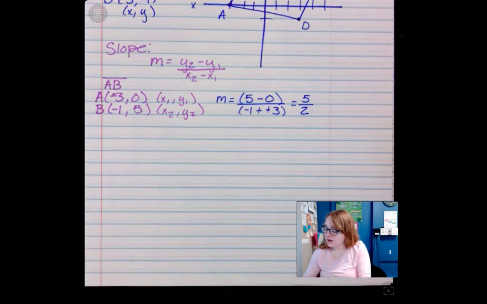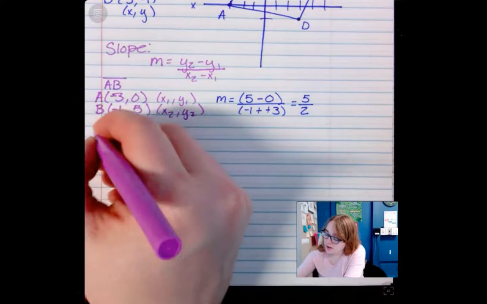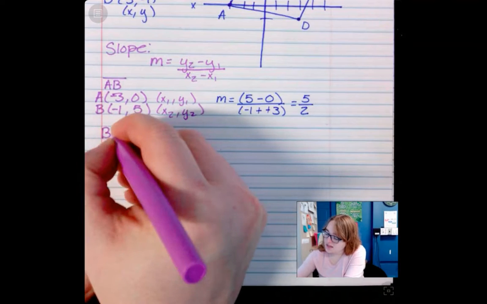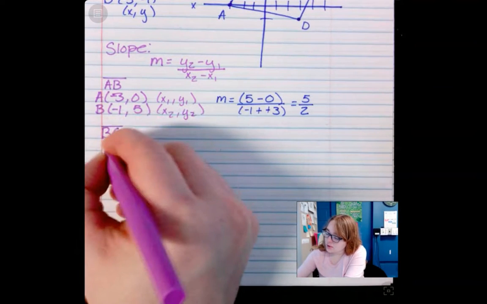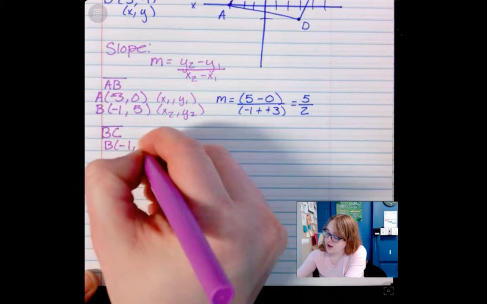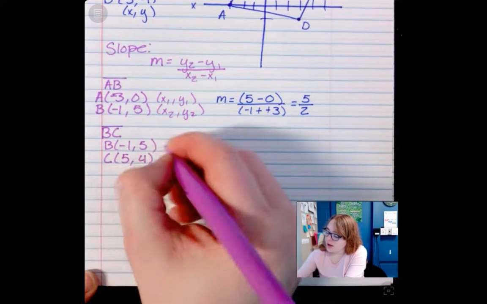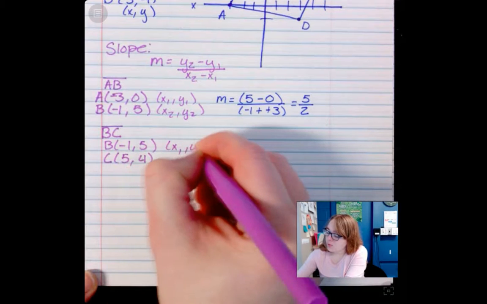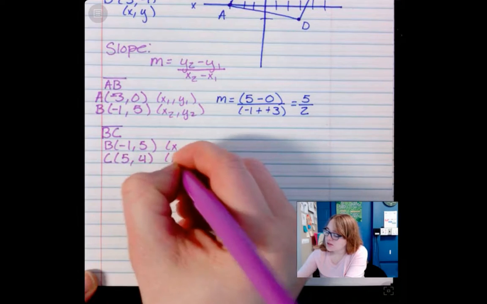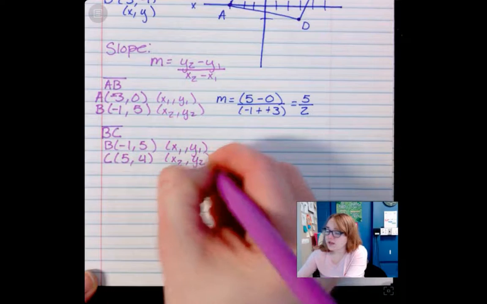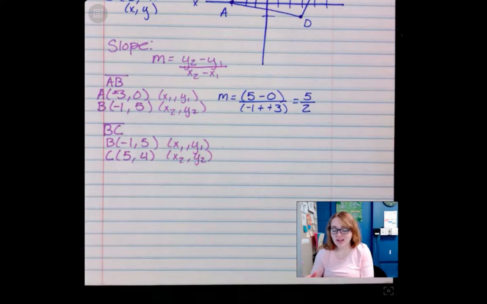Okay, next we want to check B to C. Point B is at -1, 5, and point C is at 5, 4. Again, pick your favorite point, your x1, y1, and your second favorite point, your x2, y2, and then plug it into our formula here.